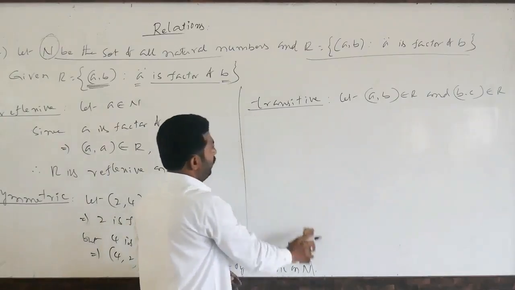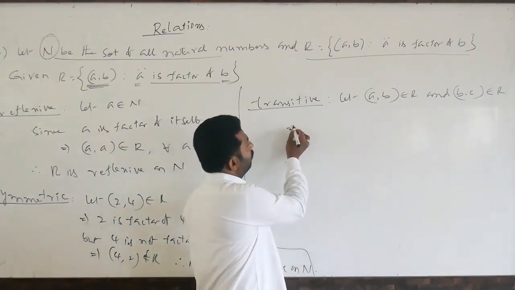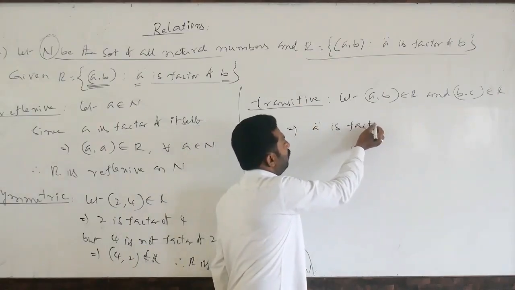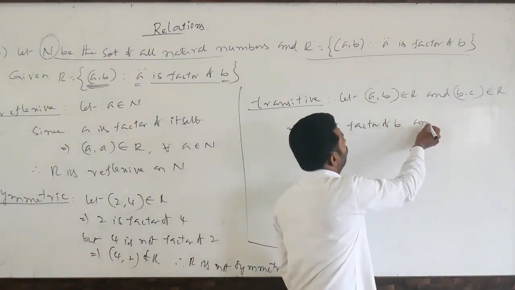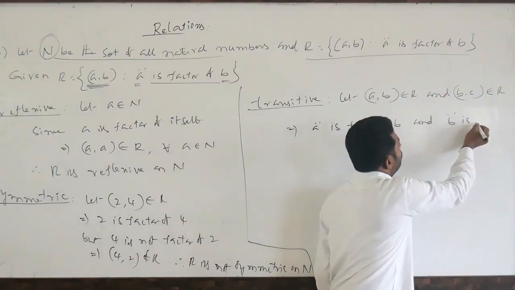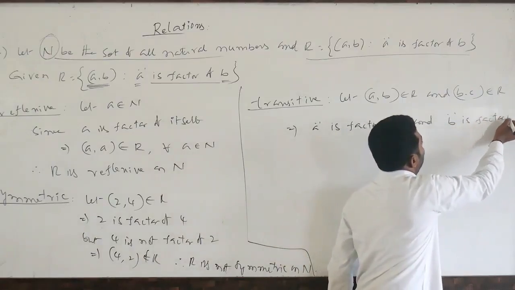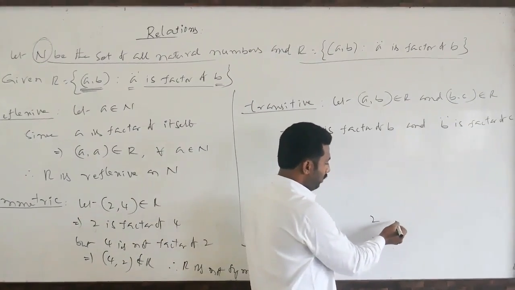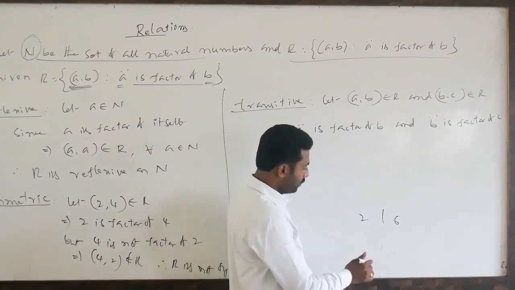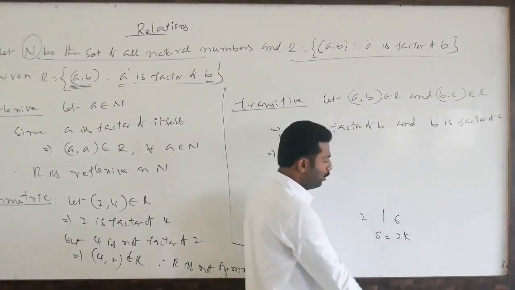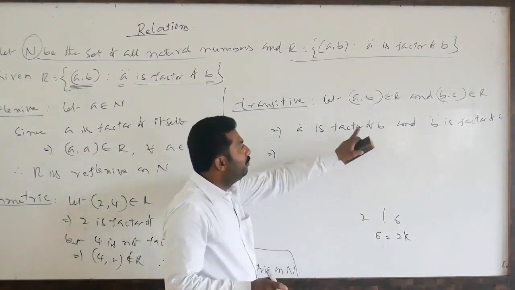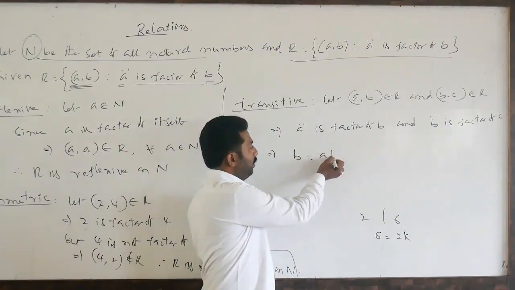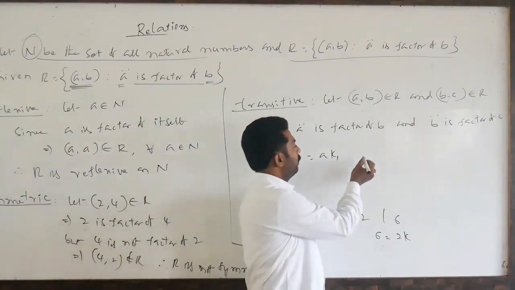See, (A, B) belongs to capital R means that A is a factor of B, and B is a factor of C. Just now I told you 2 is a factor of 6, which means 6 can be written as 2 into K. A is a factor of B means B can be written as A into K1, where K1 is some integer.